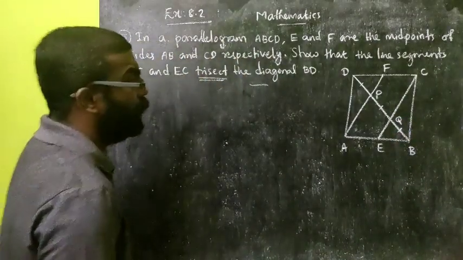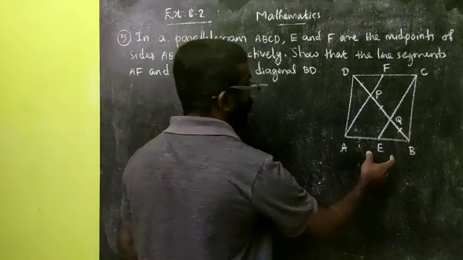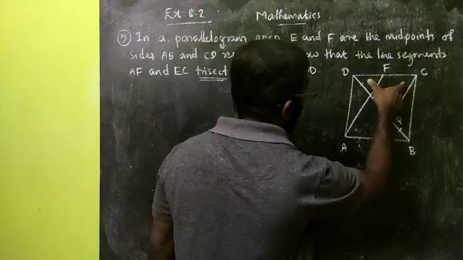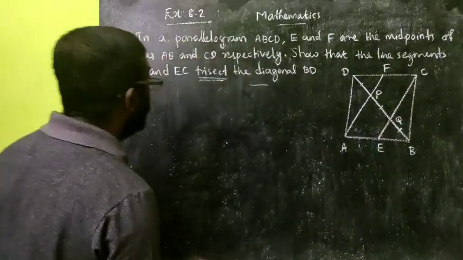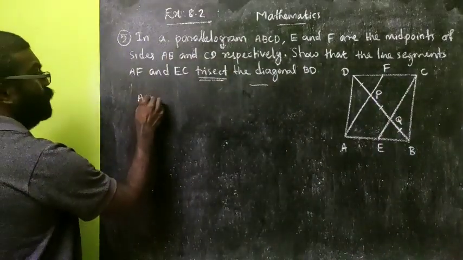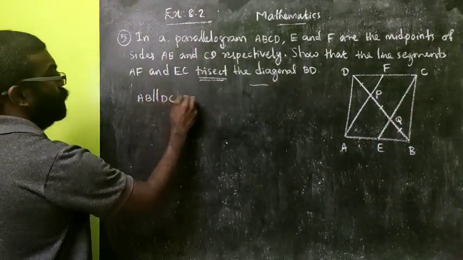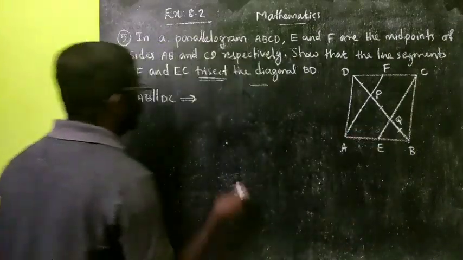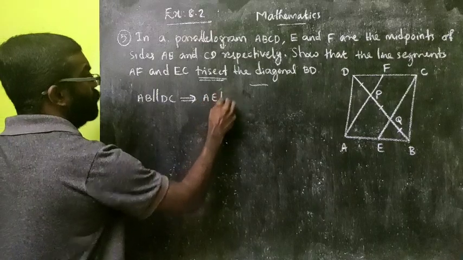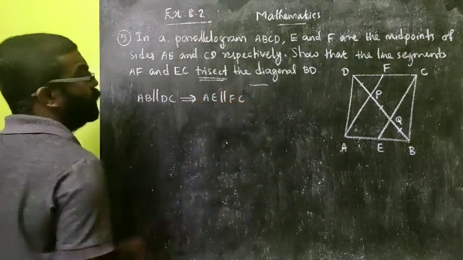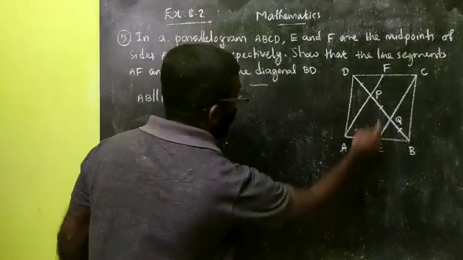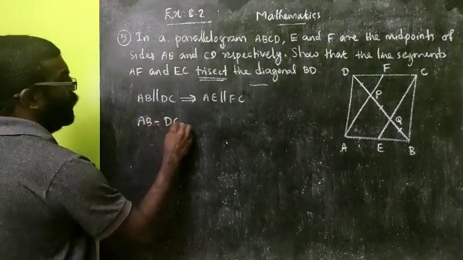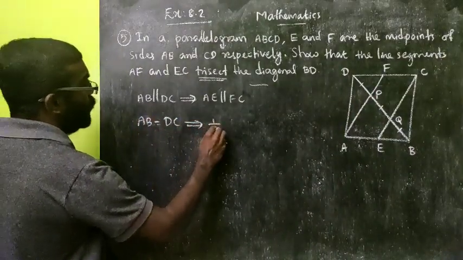Clear? So being a parallelogram, opposite sides are parallel and equal. So AB parallel to DC implies we can write AE parallel to FC. And AB equal to DC, so we can take the half on both sides.